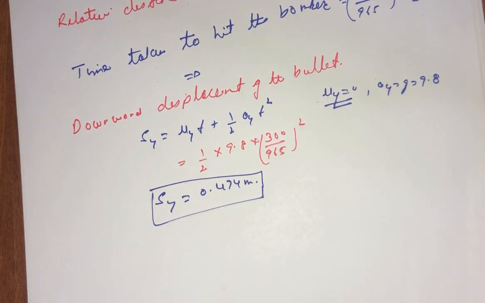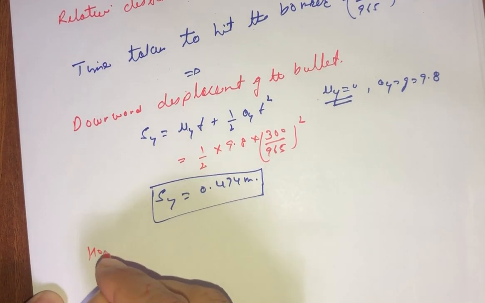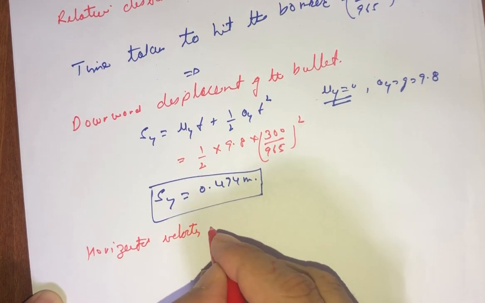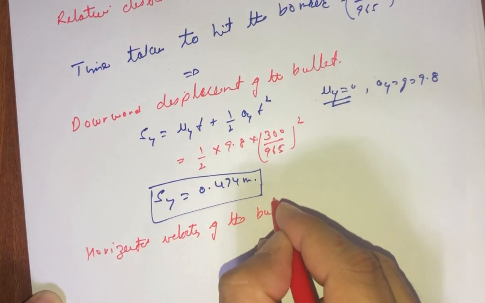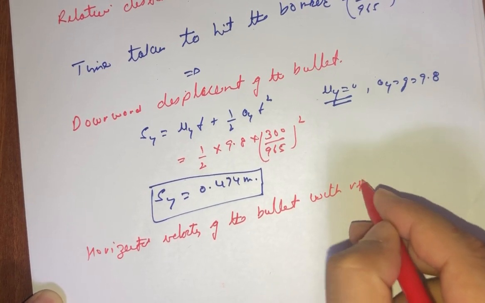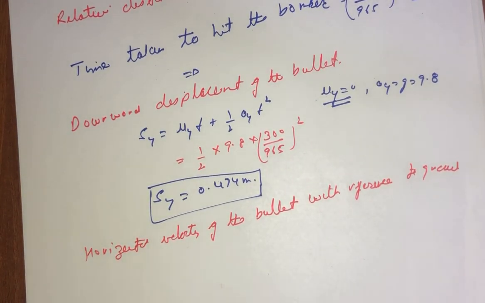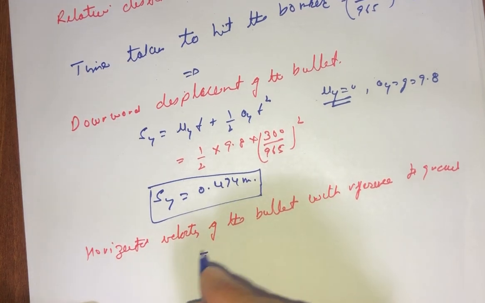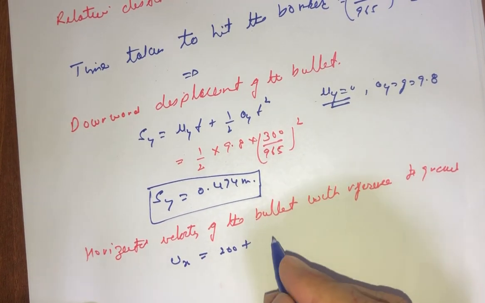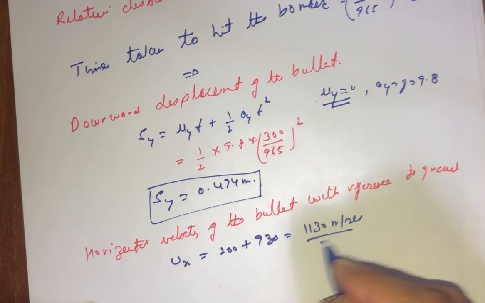So we say that the horizontal velocity of the bullet with reference to the ground, let us call this Vx, will be equal to 200 plus 930, and that is equal to 1130 meter per second.